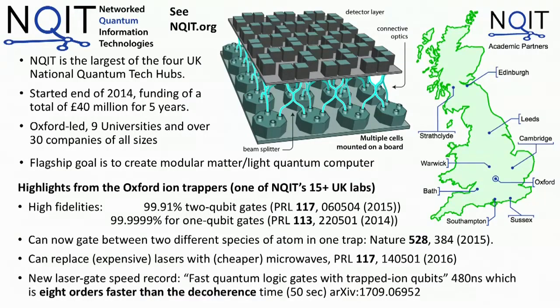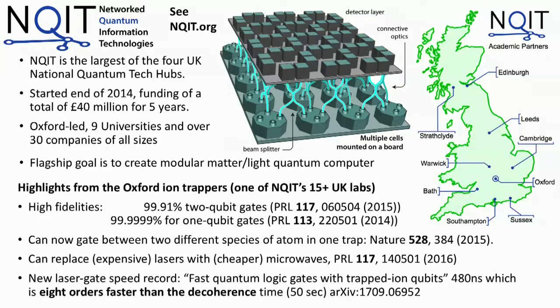We also have many experiment groups in NQIT. Here I just mention some recent progress of the Oxford team, and you can find other progress on the NQIT website. For now, we have very high fidelity for quantum gates, especially the 2-qubit gates. We have 99.9%, and for 1-qubit gates we can get probably a perfect gate.